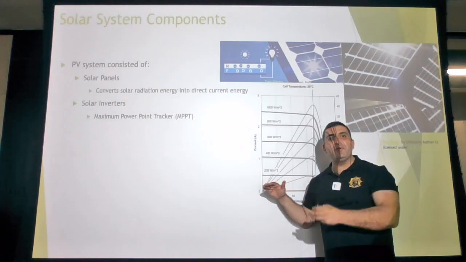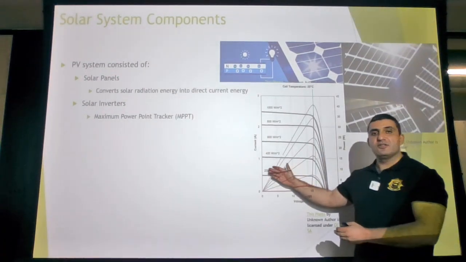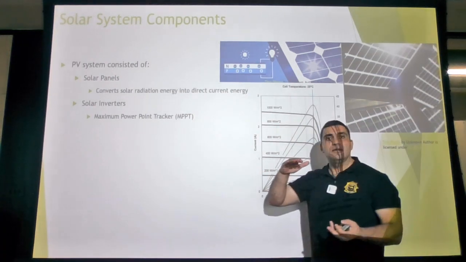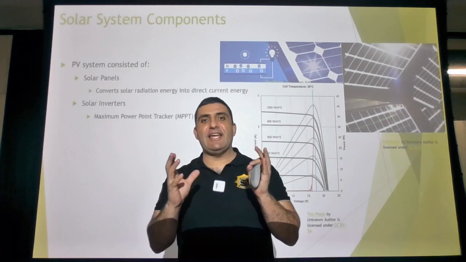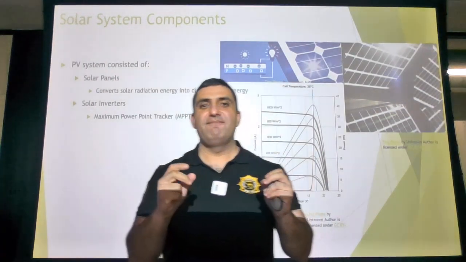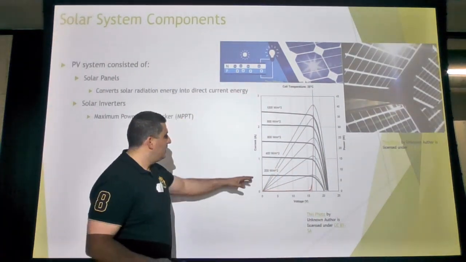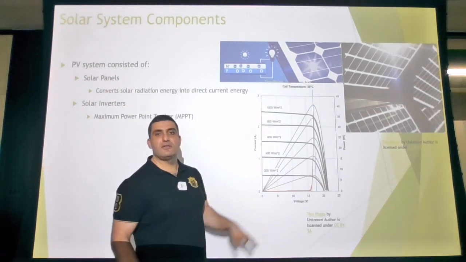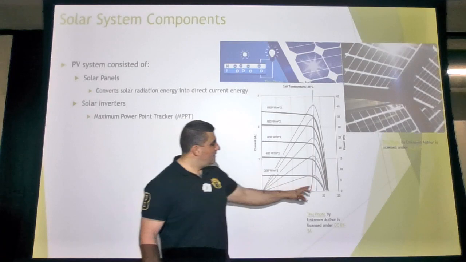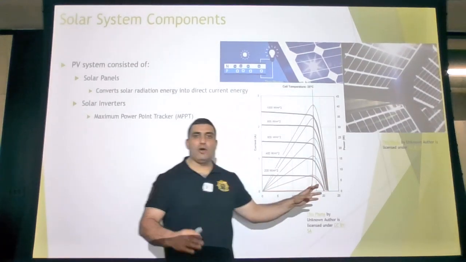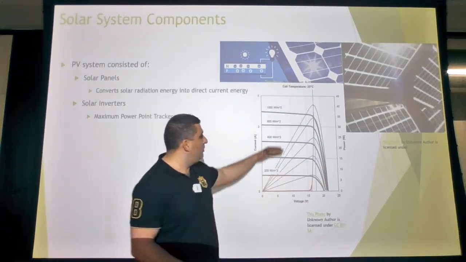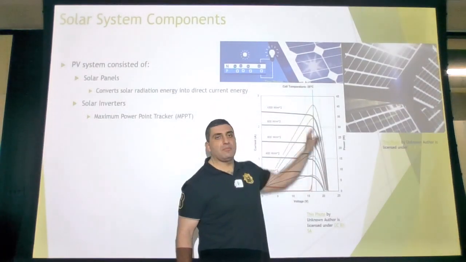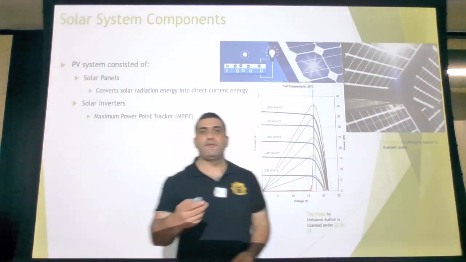As we spoke about in a previous solar system design, the solar panel or solar cell can be considered a current source. The current magnitude changes with solar radiation, while the open circuit voltage is almost the same. So the MPPT's role is to track the maximum power of your photovoltaic system.